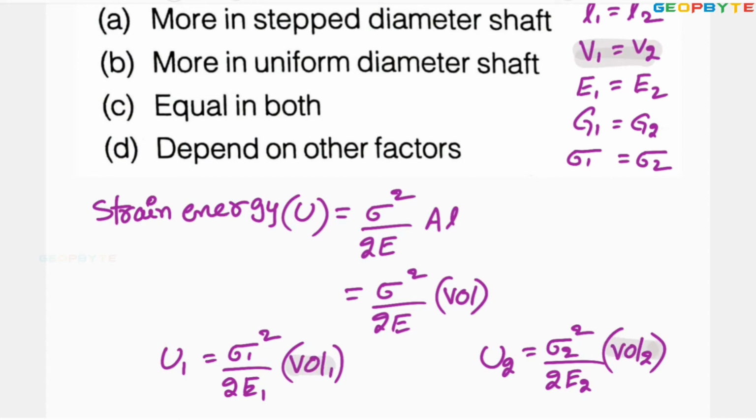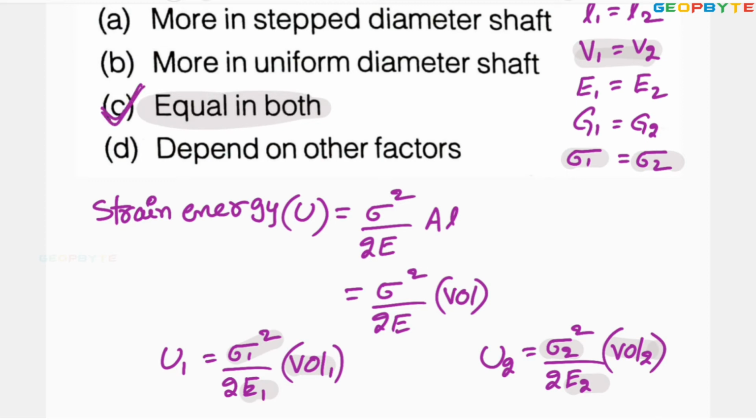Sigma 1 equal to sigma 2. E1 equal to E2. Therefore, irrespective of the cross section, even if one is stepped and the other uniform, the strain energy stored in both members remains the same because L1 equal to L2, V1 equal to V2, E1 equal to E2, and the stress developed is also the same. Therefore, option C is absolutely correct. I hope you got my point.